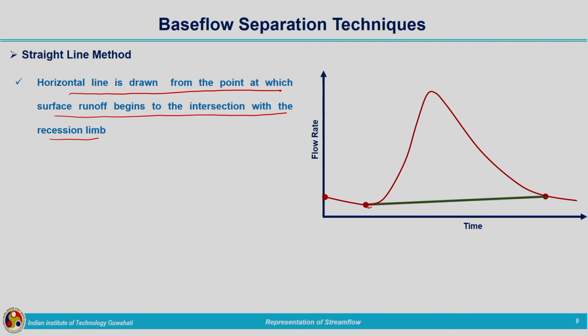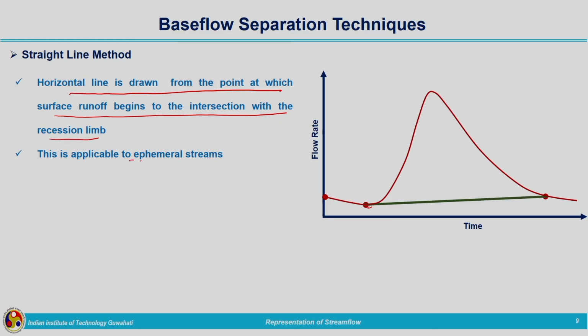So, what we will be doing, we will be joining the beginning point and the end point where the recession curve is ending, and only the base flow contribution will be there after that. Those two points will be connected by means of a straight line, and whatever is present beneath that straight line will be deducted from the total flow.